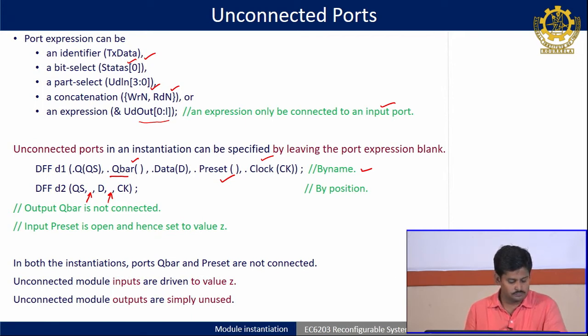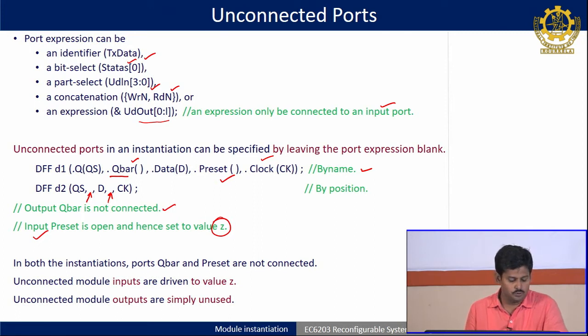So, here q bar is not connected, input preset is open, it is not connected. So, now if it is an input port, if it is not connected, then the value will become z. This is obvious. So, if nothing is connected to an input port, it will behave like an open circuit or z. Okay.